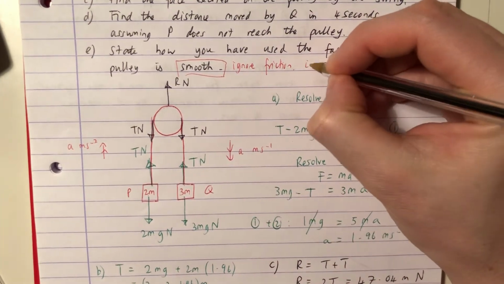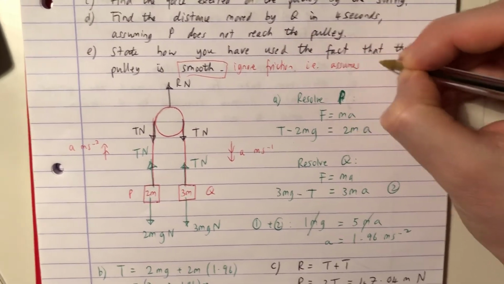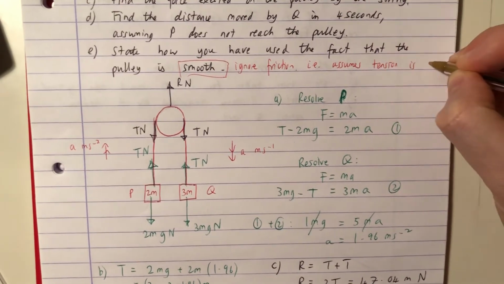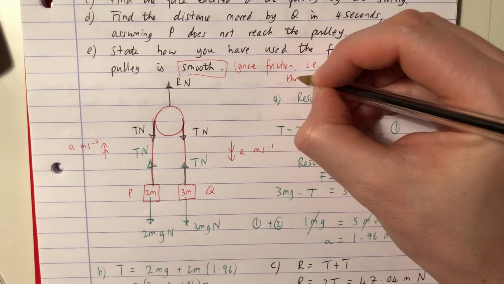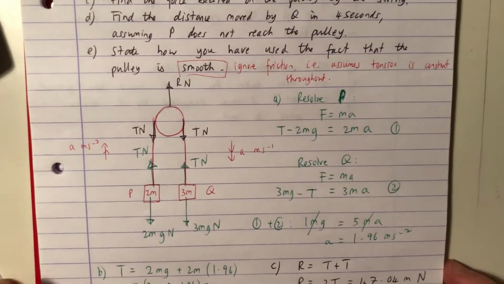So in other words, it assumes tension is constant throughout. That would be part E.